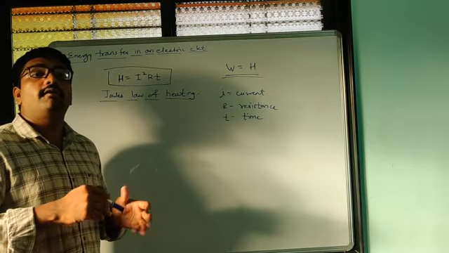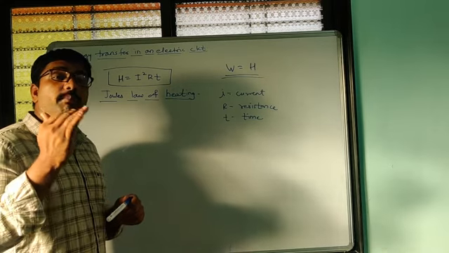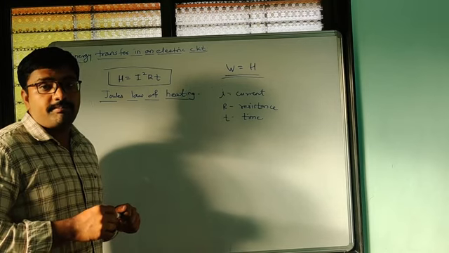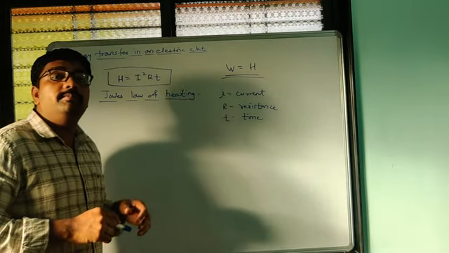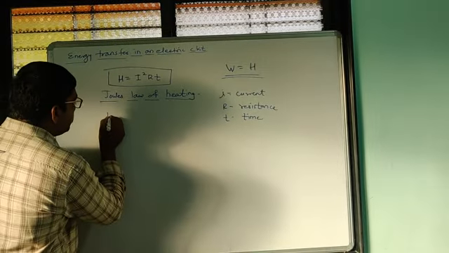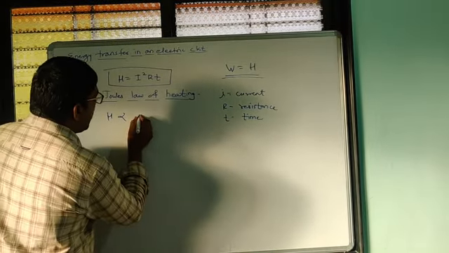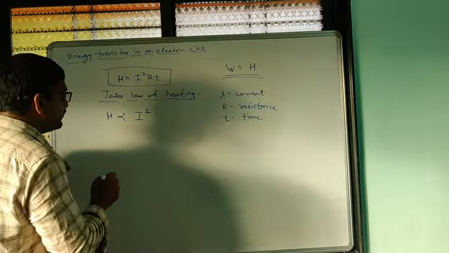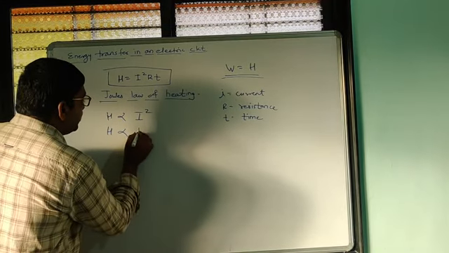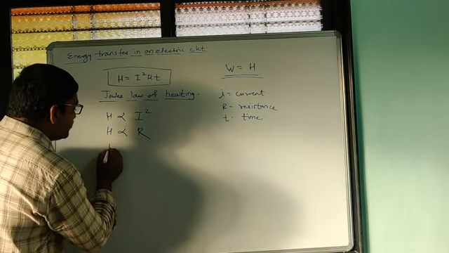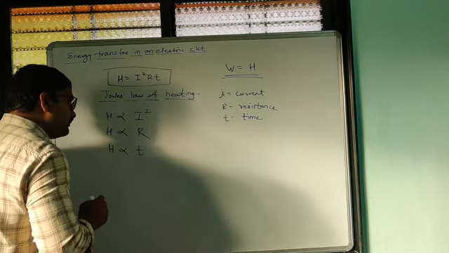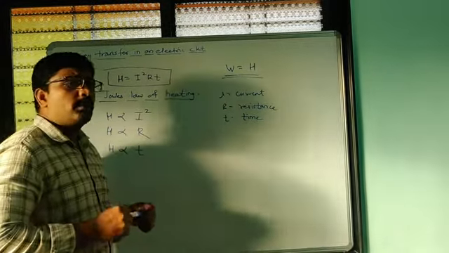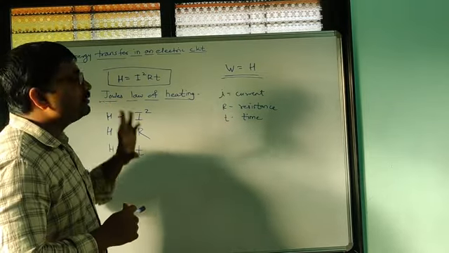Joule's law of heating tells us that if we pass electric current through any conductor material, the heat we get will be directly proportional to I square, directly proportional to R, and also directly proportional to the time for which we pass current through the conductor. So Joule's law tells us that H is equal to I square RT.